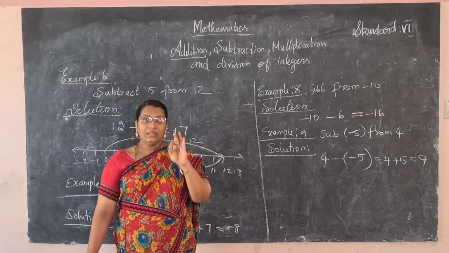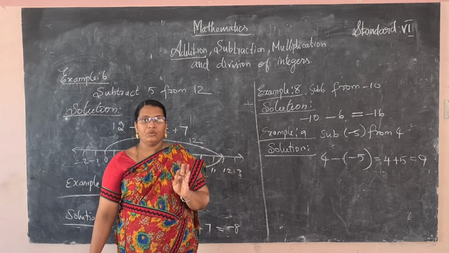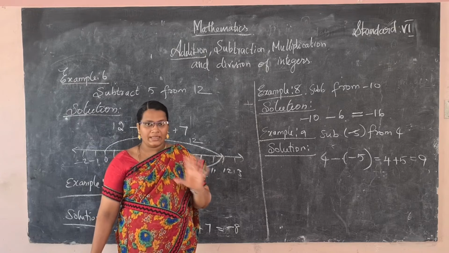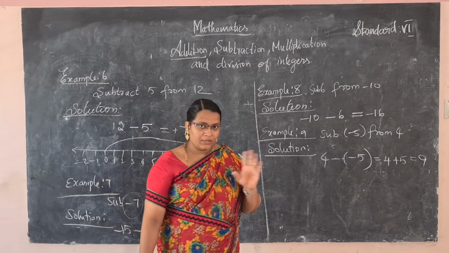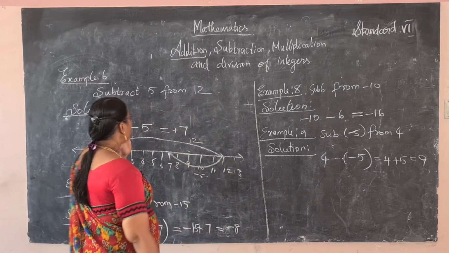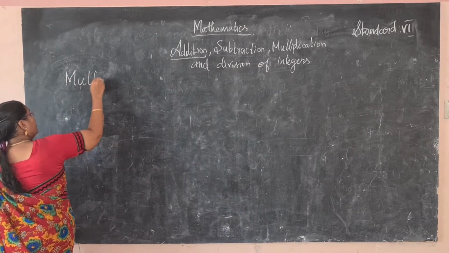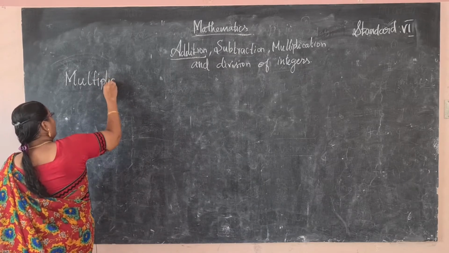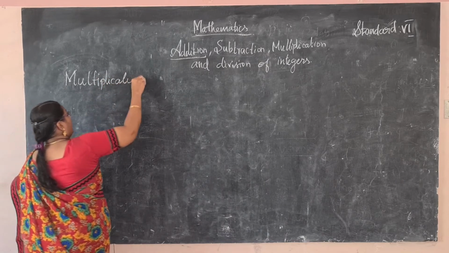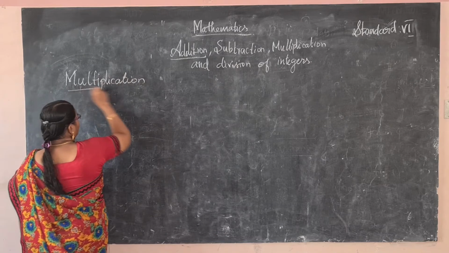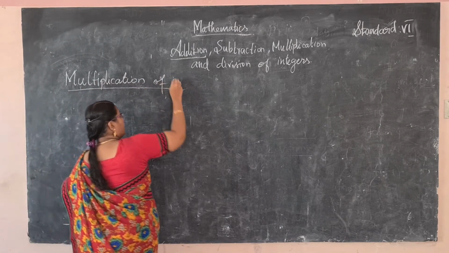And when different signs come, what do we do? Subtract and put the greater number's sign. Now see the multiplication of integers.